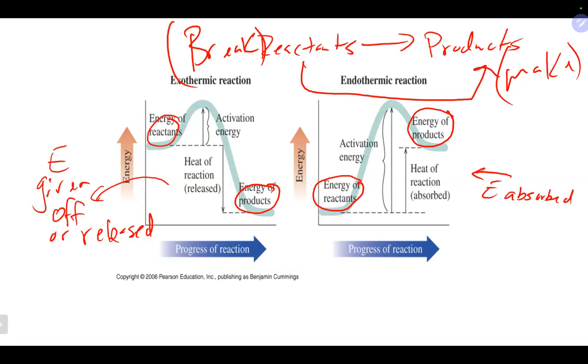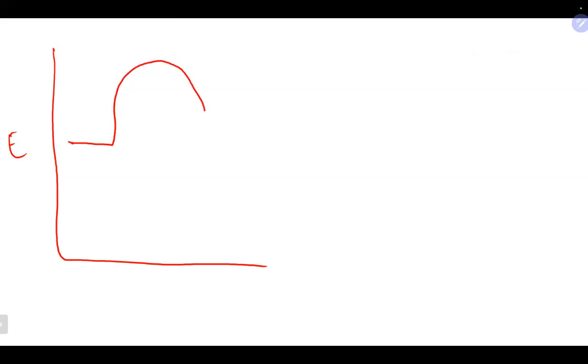So I'll just draw maybe another one here. So we'll say these are our reactants, these are our products.